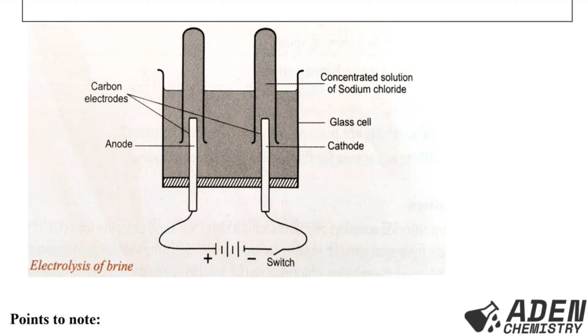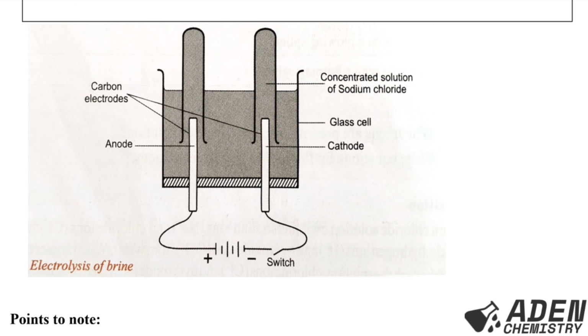Then we are going to form chlorine gas at the anode, and hydrogen gas at the cathode. And the volume of the gas produced at the anode is equal to the volume of the gas produced at the cathode, because the mole ratio of chlorine gas to hydrogen gas is 1 to 1.